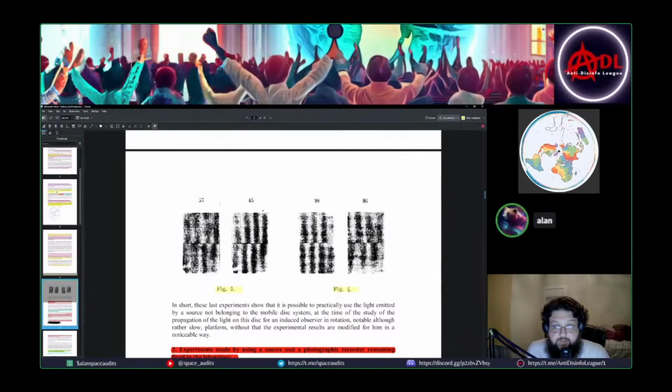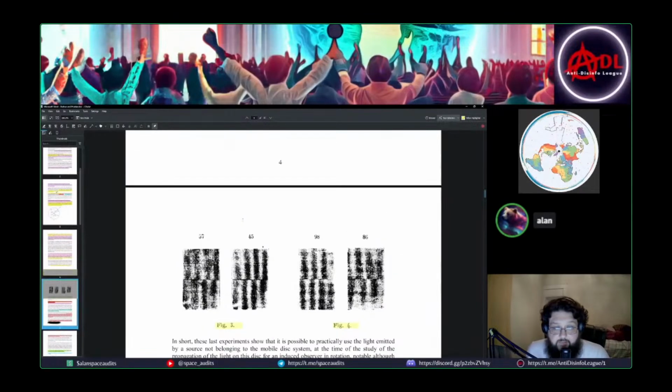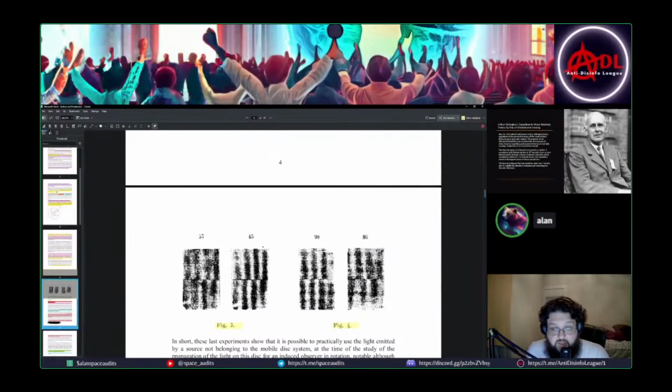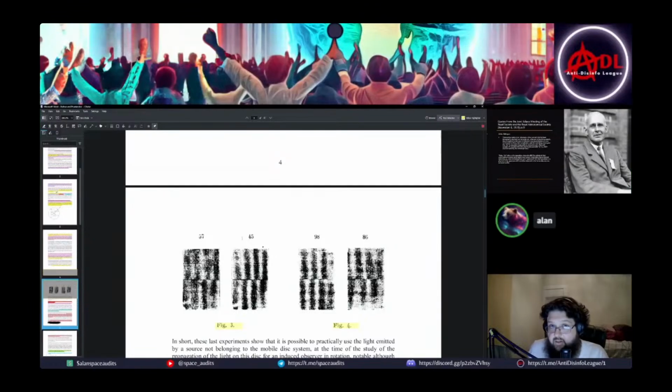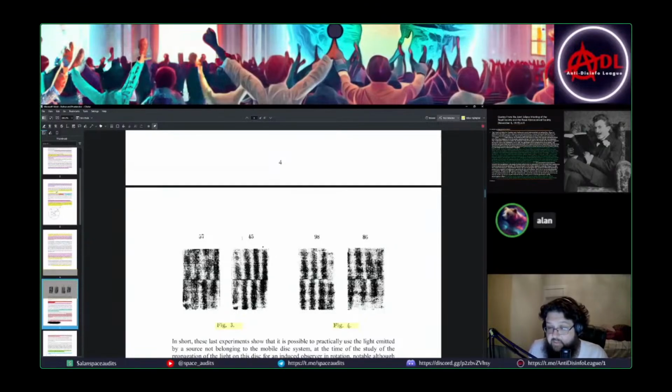So, yeah. And then these are the fringe patterns. This is from the original configuration here. This is showing the fringe displacement. And then this is from the second configuration where the light source is fixed to the lab. So this is showing that the inertial motion of the system is responsible for the fringe pattern, and it doesn't matter if the light source is moving or not.